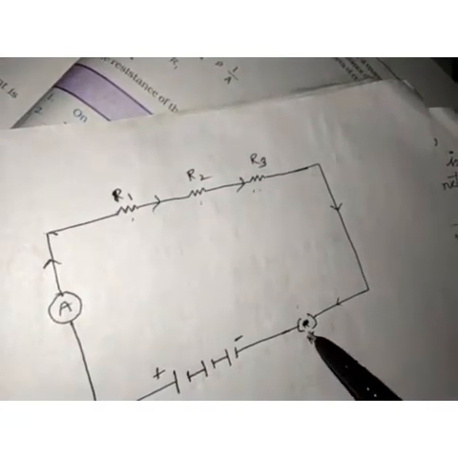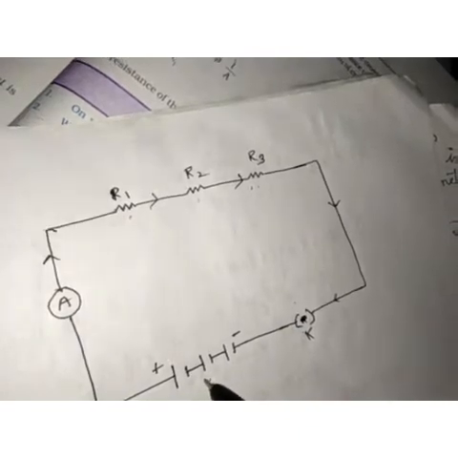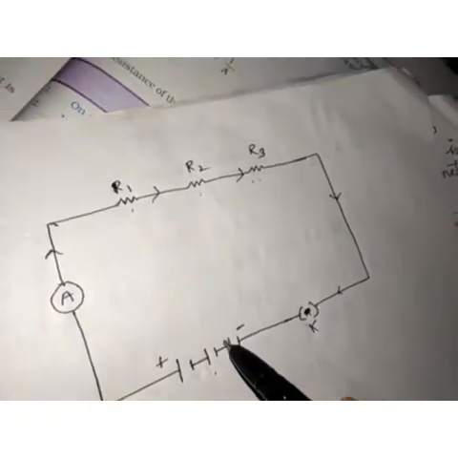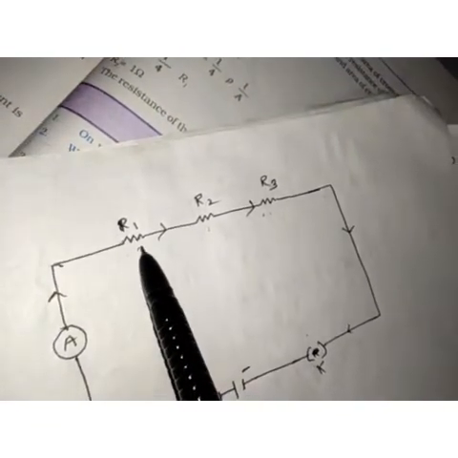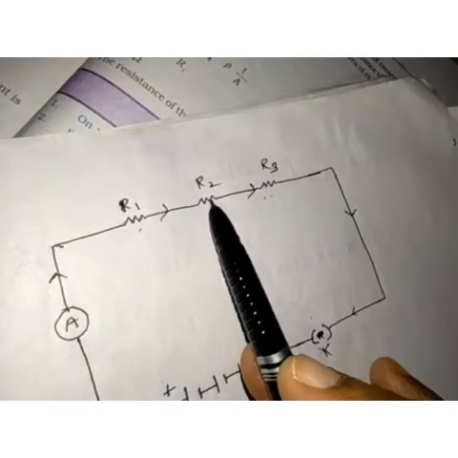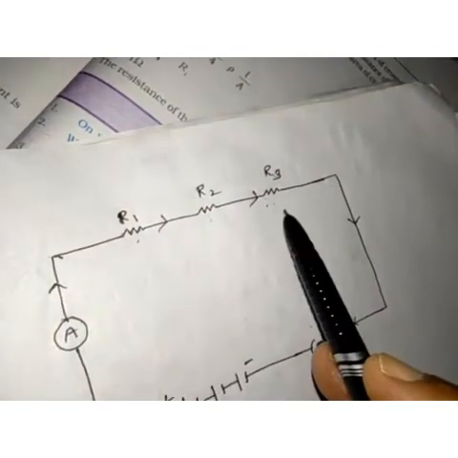This is the key, and this is the battery with three cells. There are three resistors, R1, R2 and R3. These are connected in series.